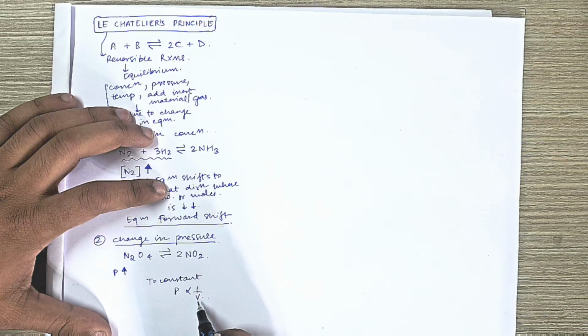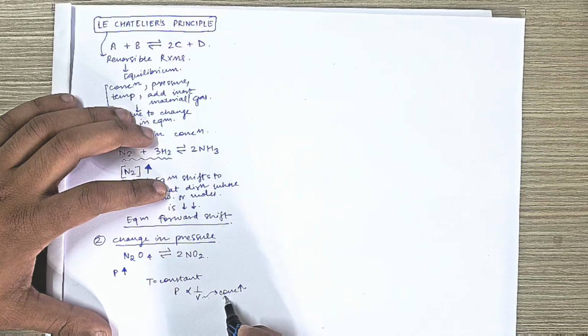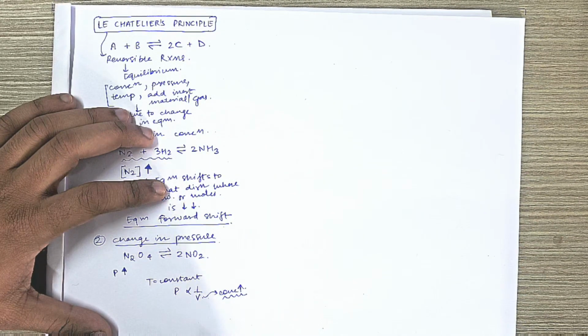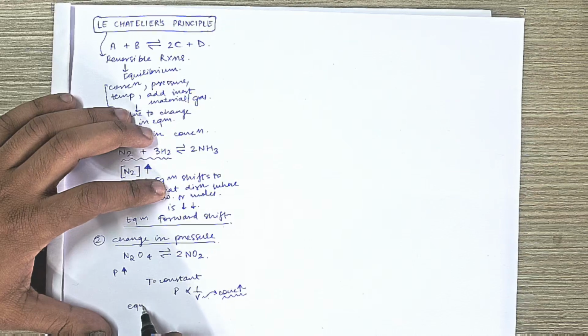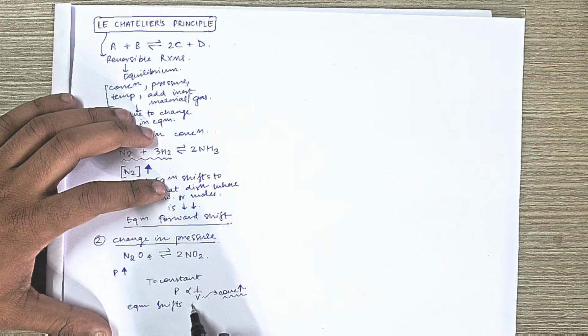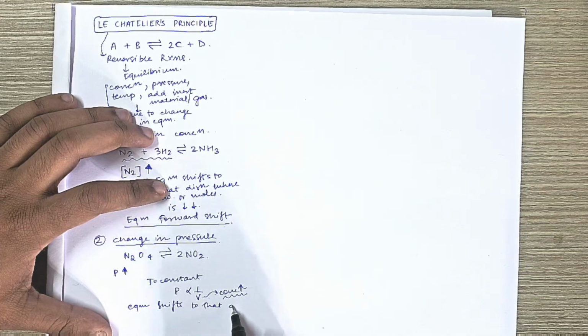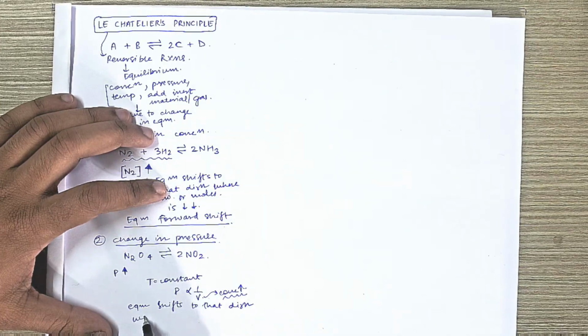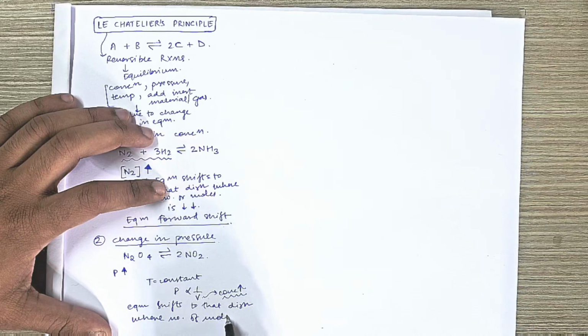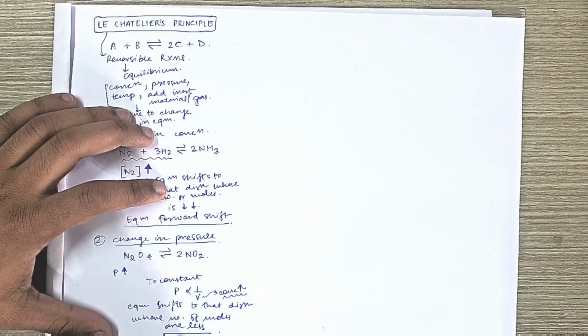If pressure is increased, the volume will decrease, and if volume decreases, the concentration increases, right? So the equilibrium shifts to that direction where the number of moles is less, basically.